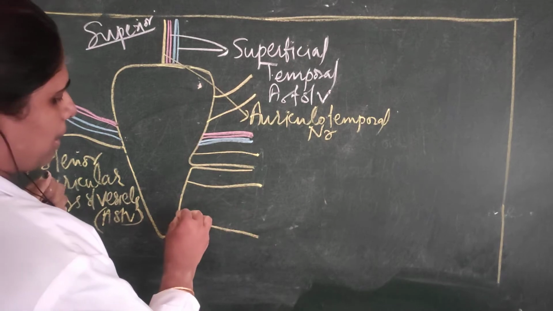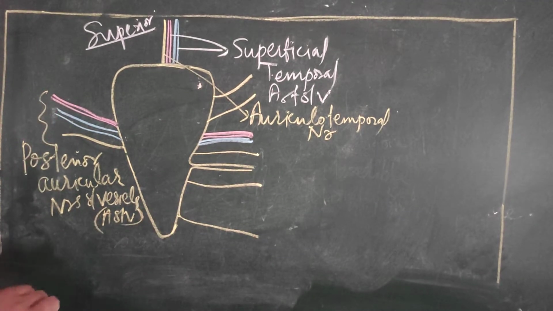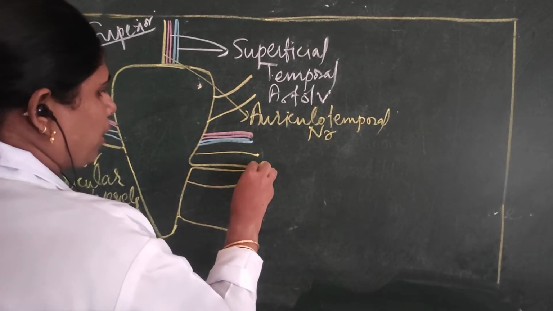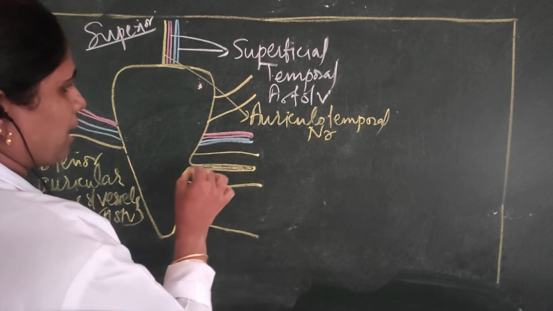These are the structures that emerge from the anterior aspect. And of course, the parotid duct also emerges from the anterior border.